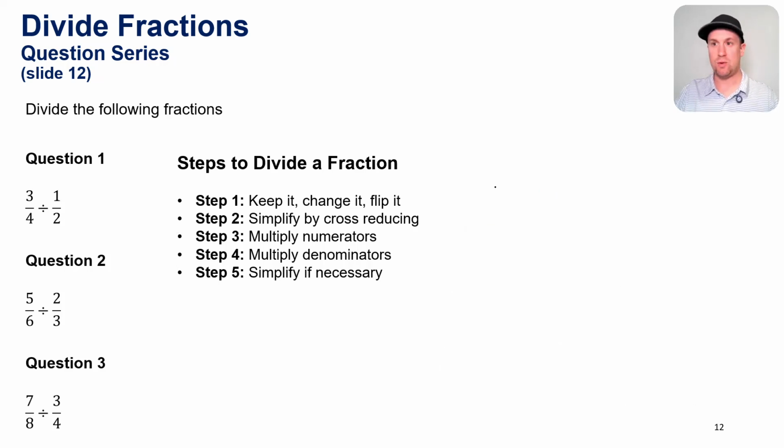So now looking at question number 3, we have 7 over 8 divided by 3 over 4. We will keep the left side fraction. We will change division to multiplication, and we will flip 3 over 4 to become 4 over 3.